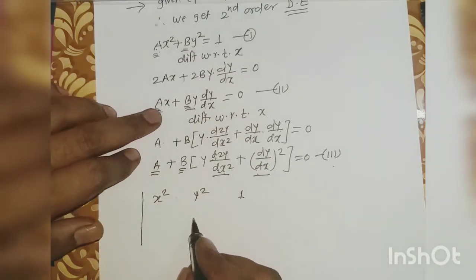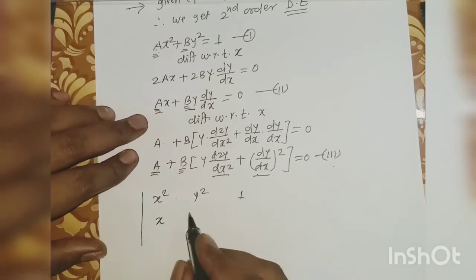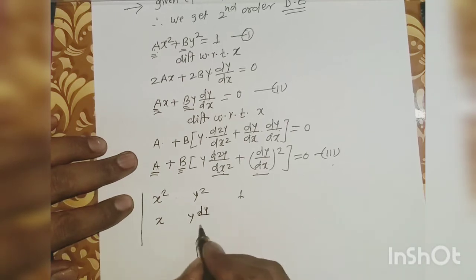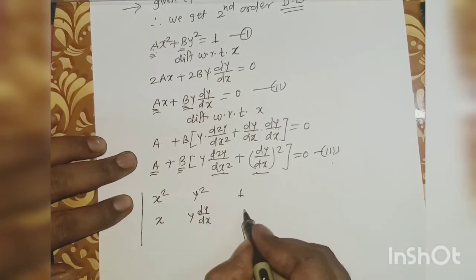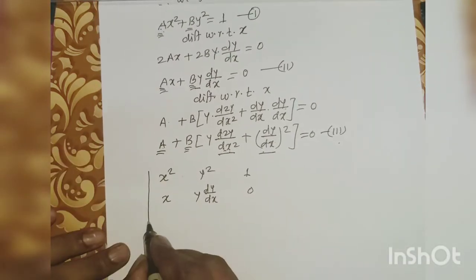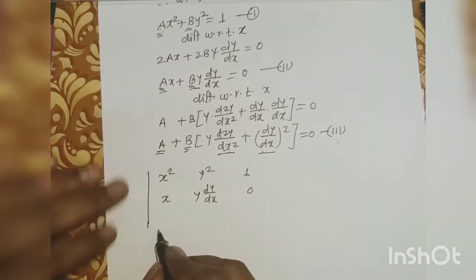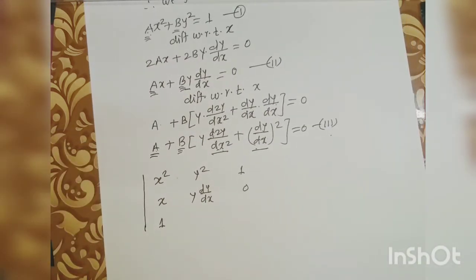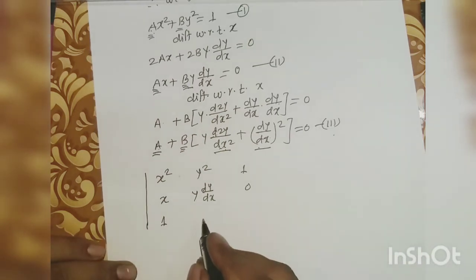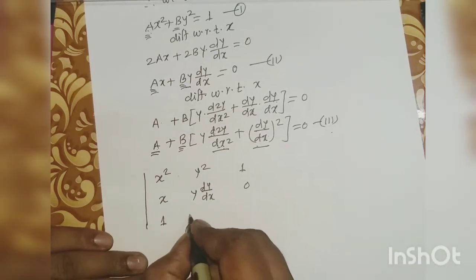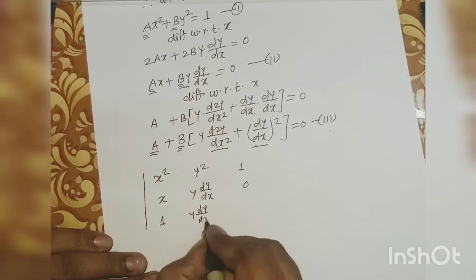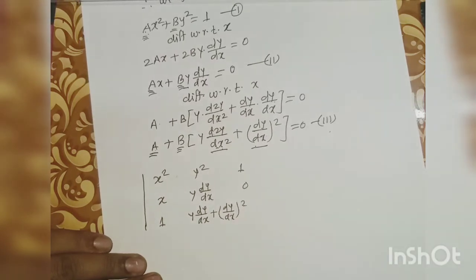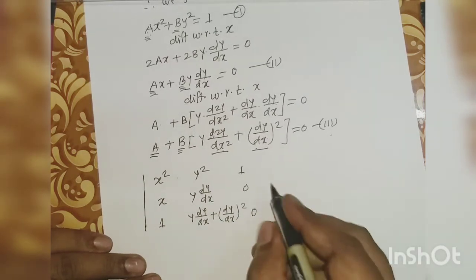In the second equation, the coefficient of a is x, the coefficient of b is y dy by dx, and the constant term is 0. In the third, the coefficient of a is 1, the coefficient of b is y d2y by dx square plus dy by dx bracket square, and the constant term is 0.